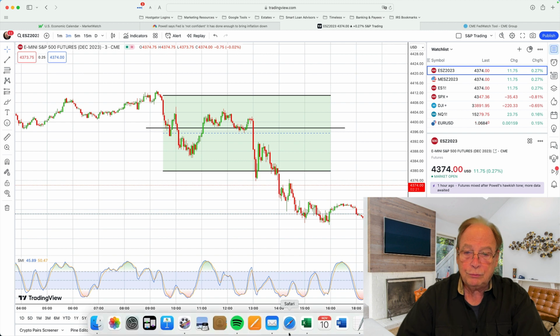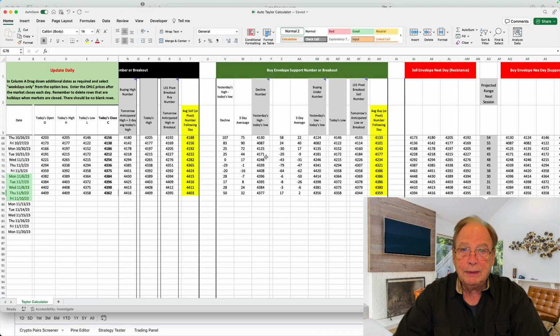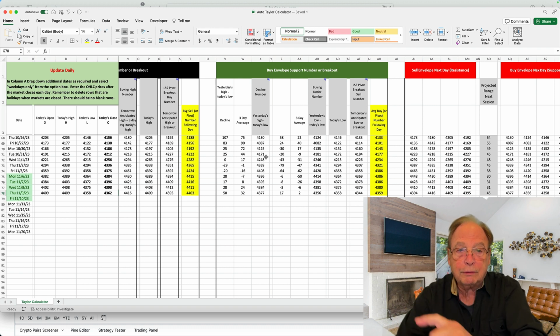Going back to the Taylor calculator, for those of you who don't have it, it is based on the calculations of George Taylor back in the 1950s that measures the movements of markets from highs to lows, highs to highs, lows to lows, and lows to highs. So it's basically how the market moves up and down within a range.